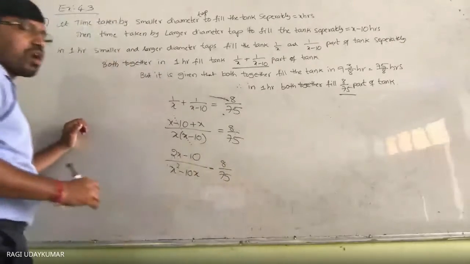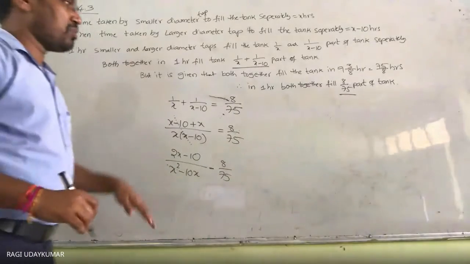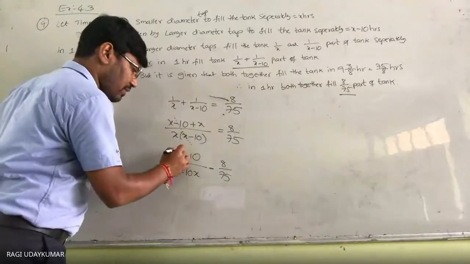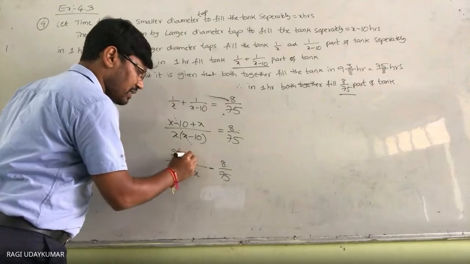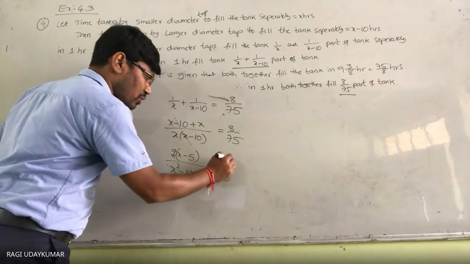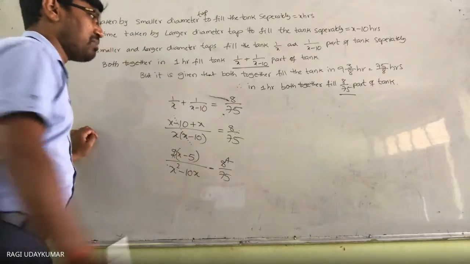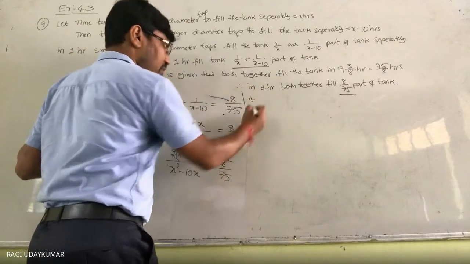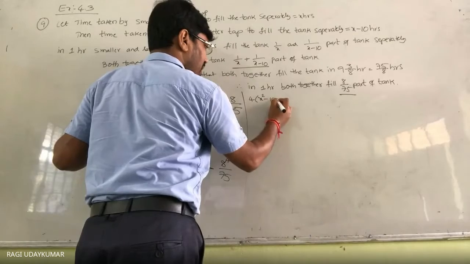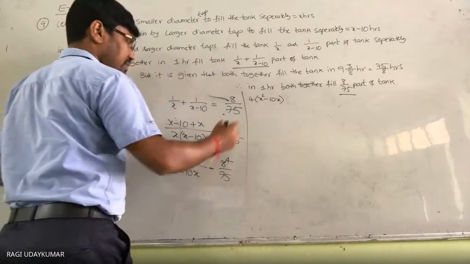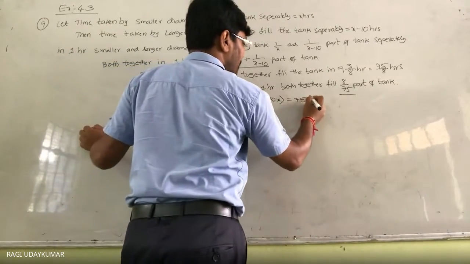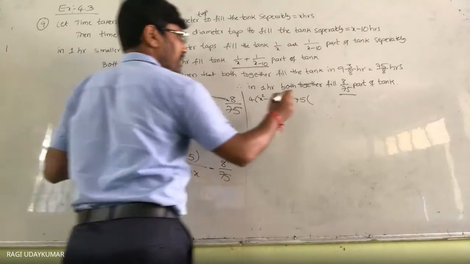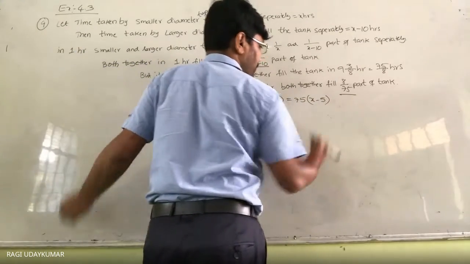Here, if you take the 2 common, we get smaller numbers, which is better. We are going to get 2 into X minus 5; 2 ones are 2, 2 fours are 4. Now you have to cross multiply here. So when you cross multiply, what do you get? 4 into X square minus 10X is equal to 75 into X minus 5.